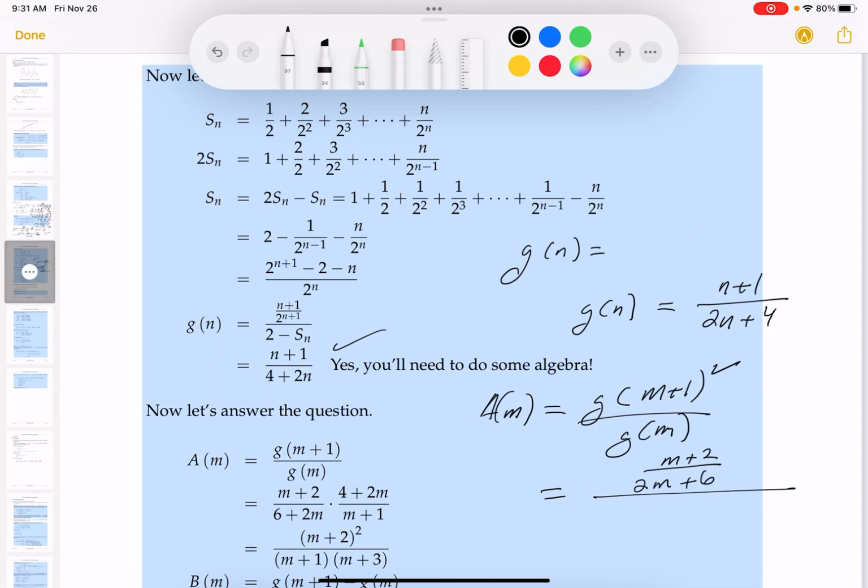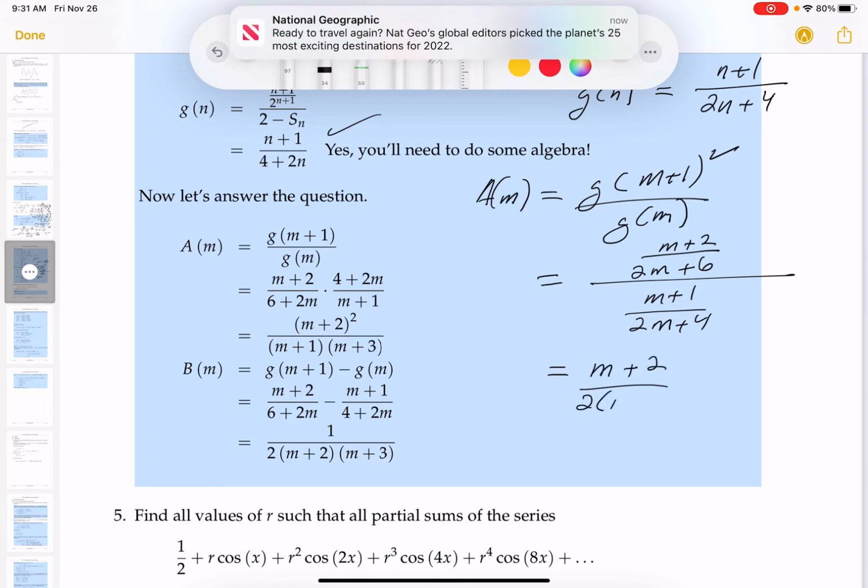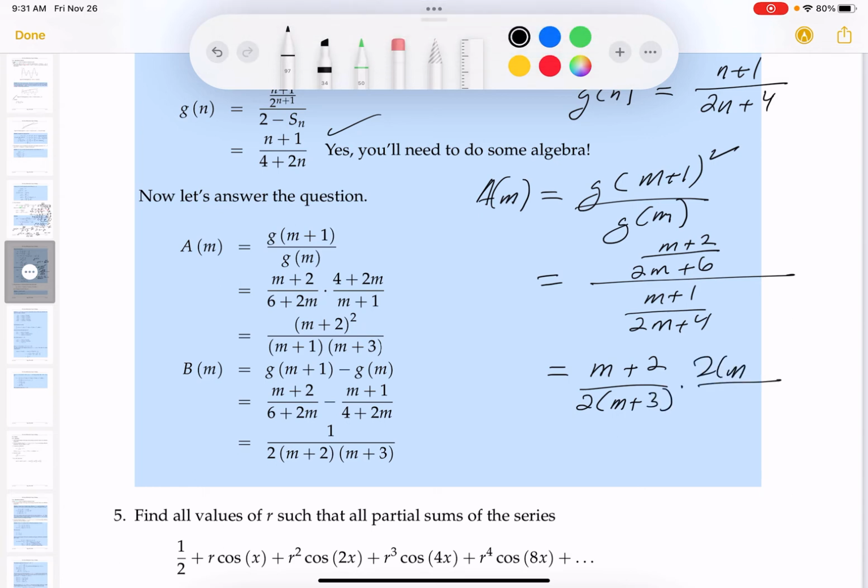What's the bottom going to be? m plus 1 over 2m plus 4. I'm going to do some, I can't say trickery, but I got to figure this out. And it's going to be 2 times m plus 3. And I'm dividing by the bottom, so it's going to be 2 times m plus 2, m plus 1.